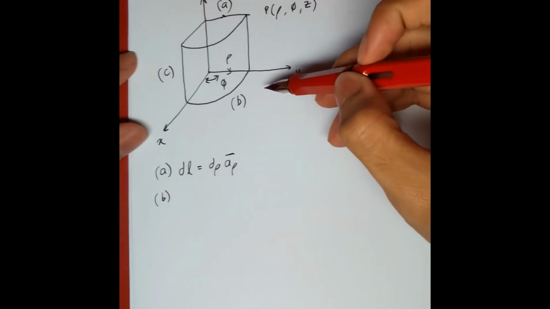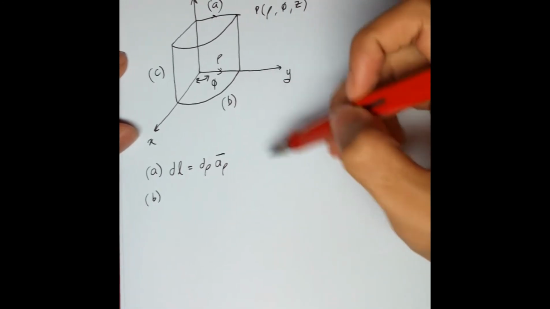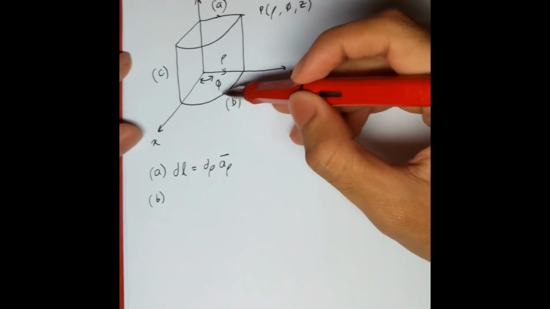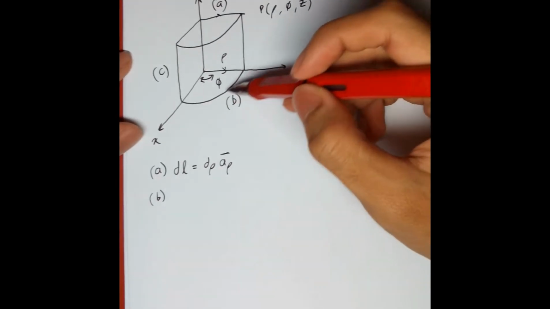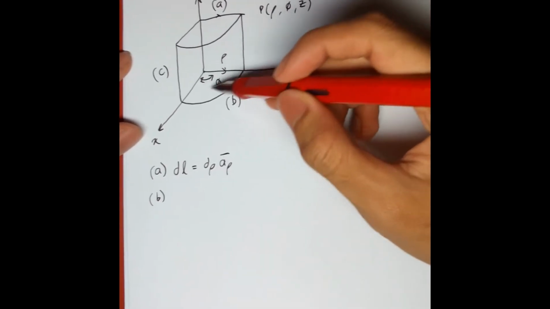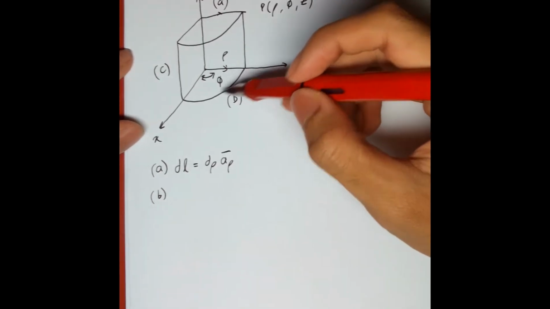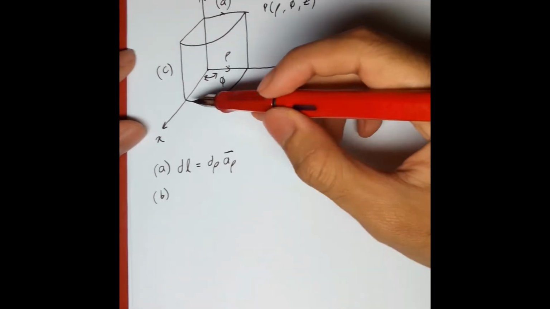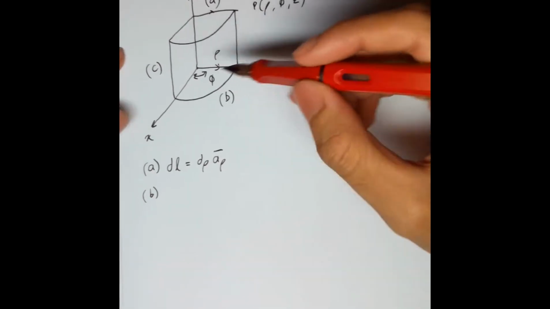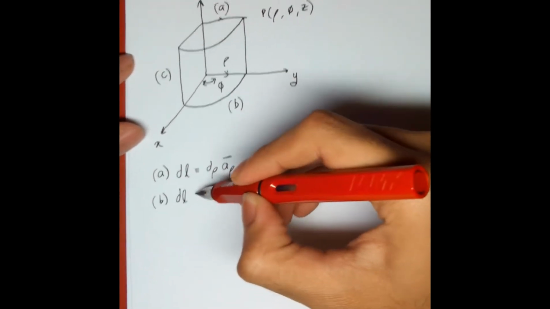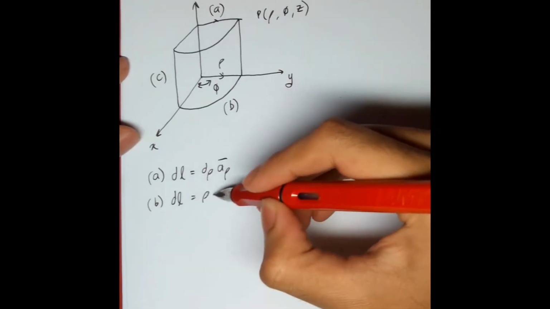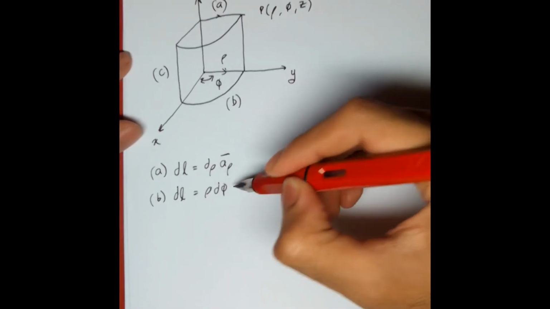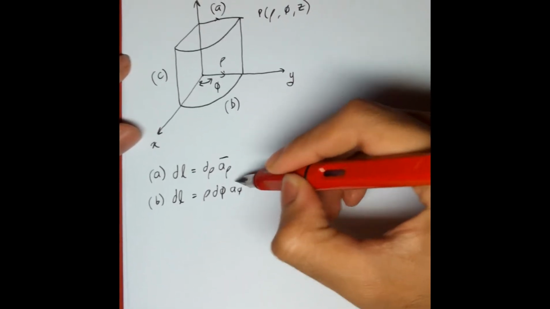For the differential length of B, you can see that it is pointing in the same direction as phi. So the differential length of B will be rho d phi a phi.